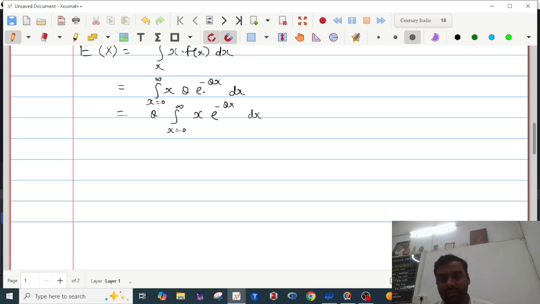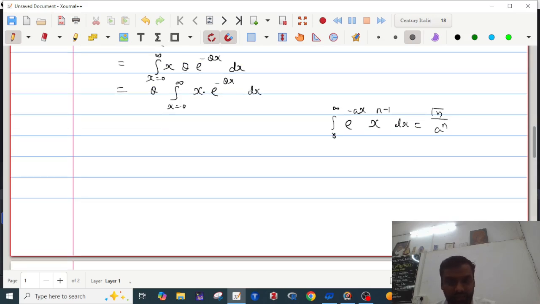Now compare this integration with the gamma function formula: integration from 0 to infinity of e raised to minus a x, x raised to n minus 1 into dx, is equal to gamma n divided by a raised to n. Comparing, a is equal to theta and n minus 1 is 1, so n is equal to 2. Put these values of a and n here.